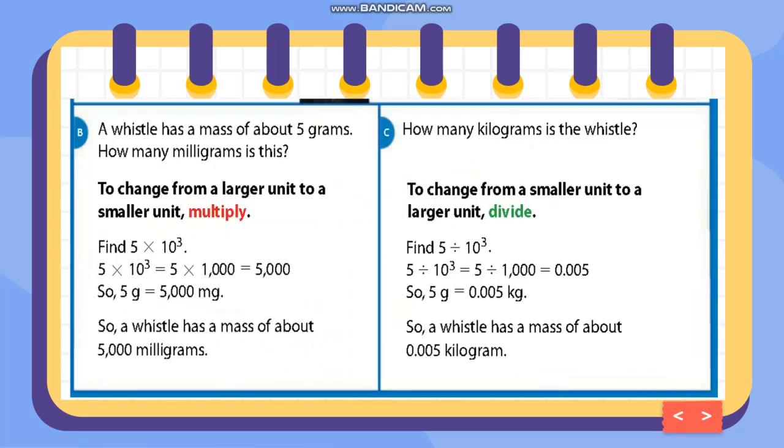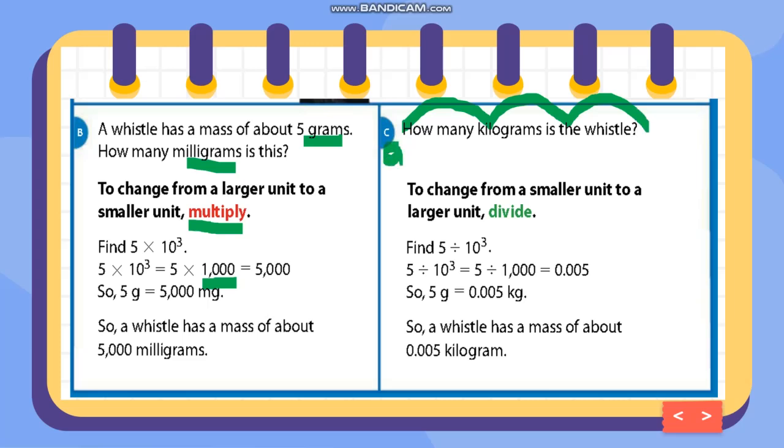Okay? So a weasel has a mass of about 5 grams. How many milligrams is this? To change from a larger unit to a smaller unit, we're going to multiply. Since you are converting gram to milligram, it means from larger unit to smaller unit, so we need to multiply. The distance from gram to milligram, we have 3. And that 3 represents 1,000 because one movement is multiplied by 10, another multiplied by 10, and another multiplied by 10.